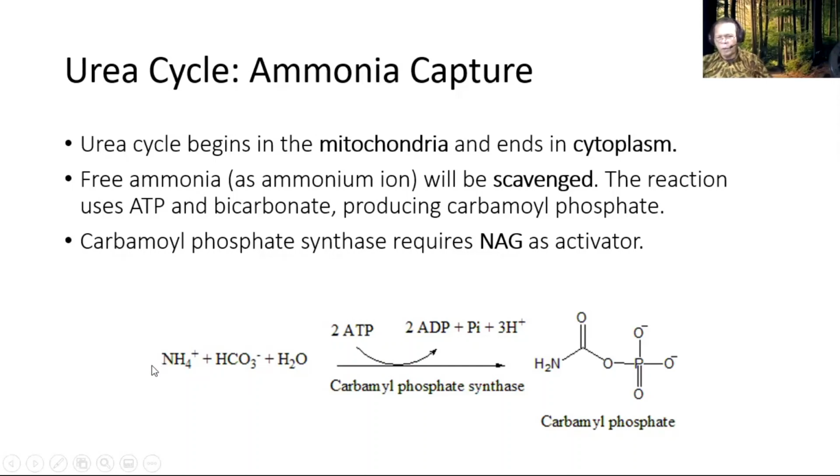We have NH4+ here, and bicarbonate, and this will be converted into carbamoyl phosphate by using chemical energy as ATP, and this reaction will be catalyzed by carbamoyl phosphate synthetase.